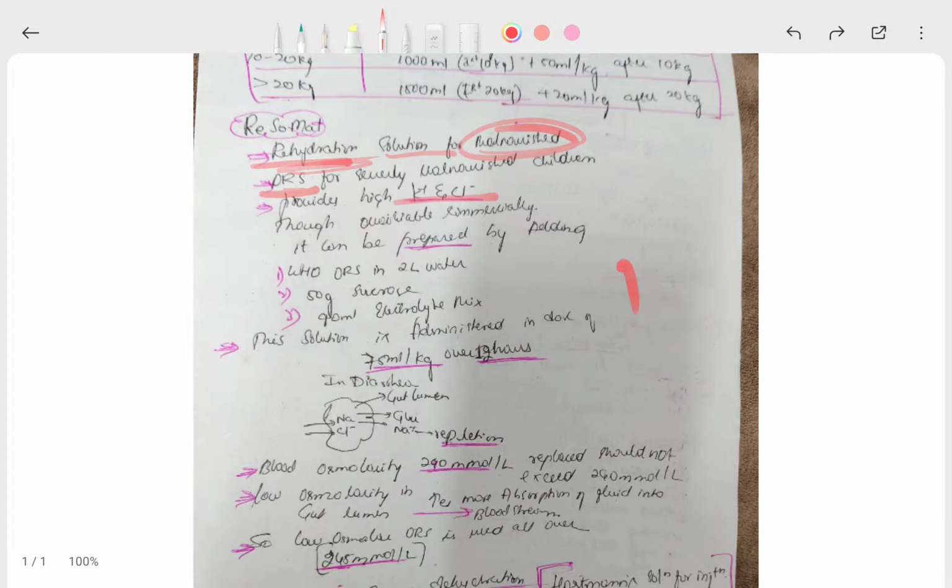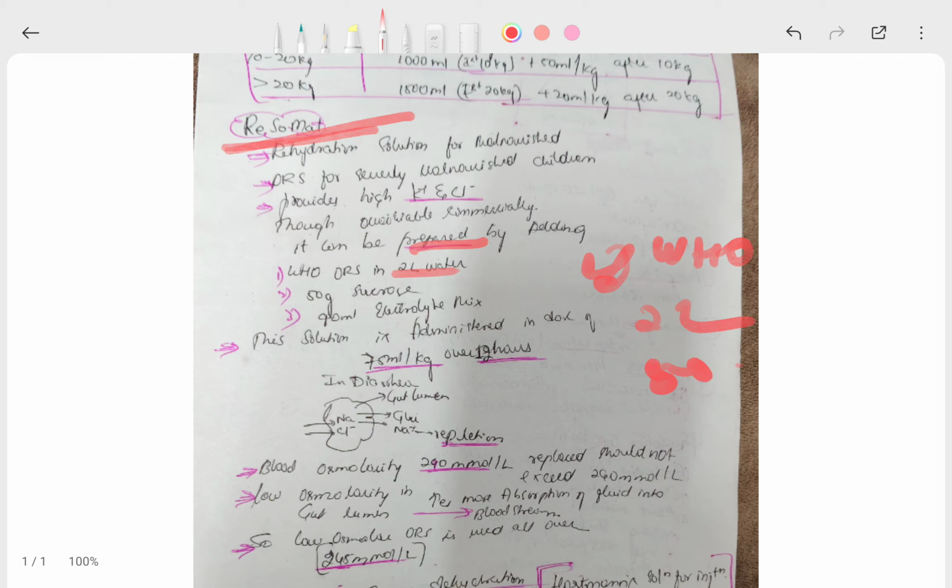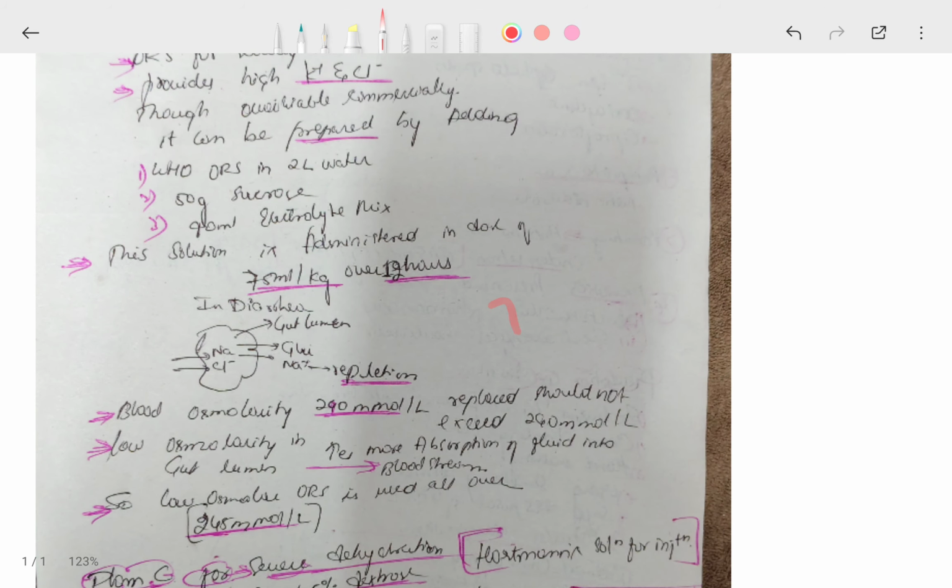Though there is a commercially available ORS solution, ReSoMal can be prepared by adding WHO recommended low osmolar ORS in 2 liters of water with 50 grams of sucrose and 40 ml of electrolytes. You will mix and you will get one solution. This is known as ReSoMal. This solution is administered in a dose of 75 ml per kg over 12 hours. Suppose the child is 10 kgs, you will be administering 750 ml of this solution within 12 hours.